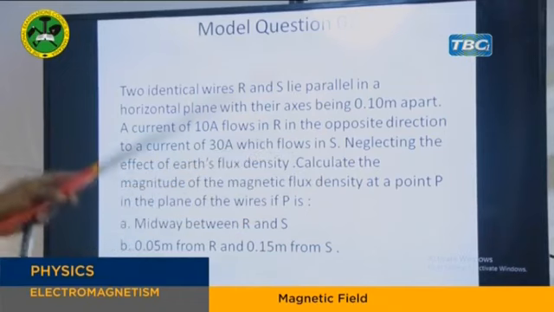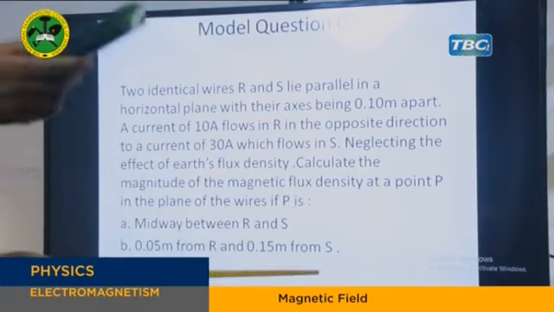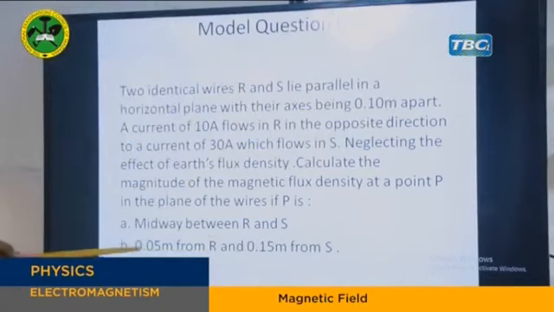You are told to find the magnitude of the magnetic flux density at a point P, where P is: A, midway between the two wires, and part B, 0.05 from R and 0.15 from S.